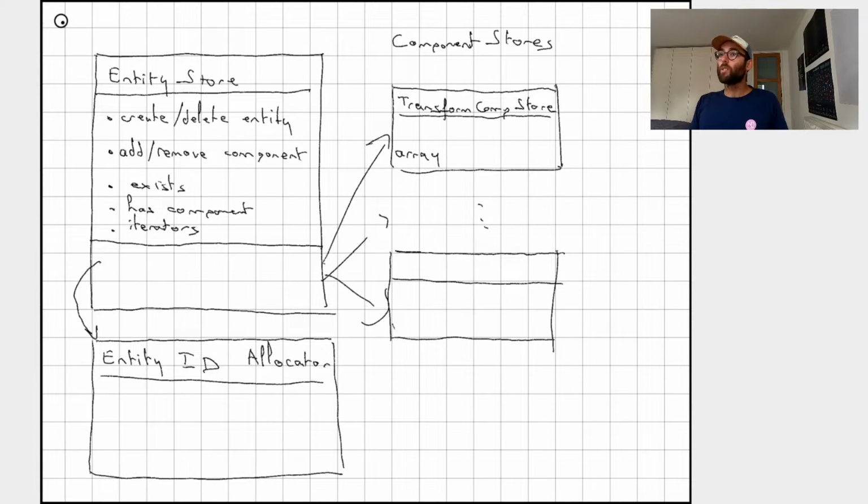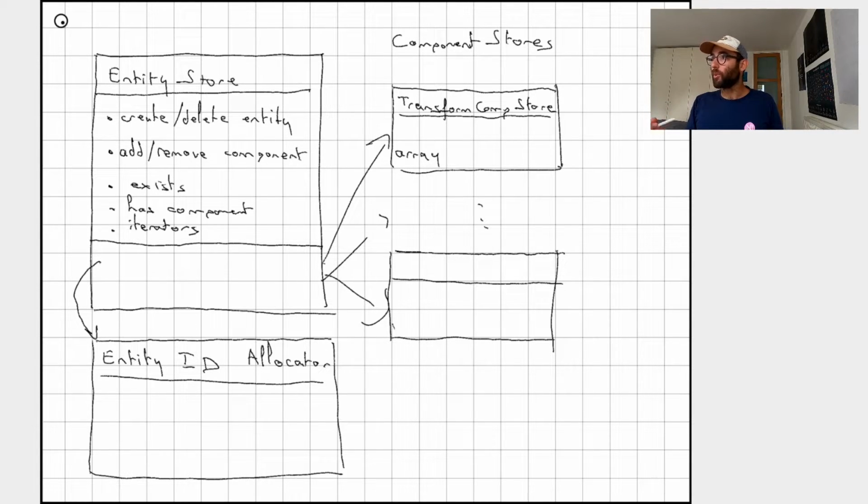So when you're dealing, for example, with entity number 5, and you want to get its transform component, you simply go to index number 5 in this component array. So that's the main trick that I'm going to use. It has advantages and disadvantages. The disadvantage is that it's going to use a lot of memory.